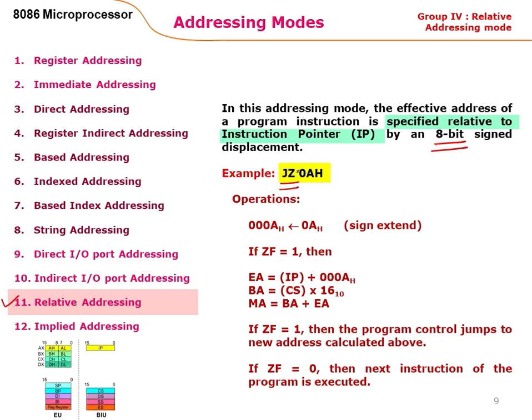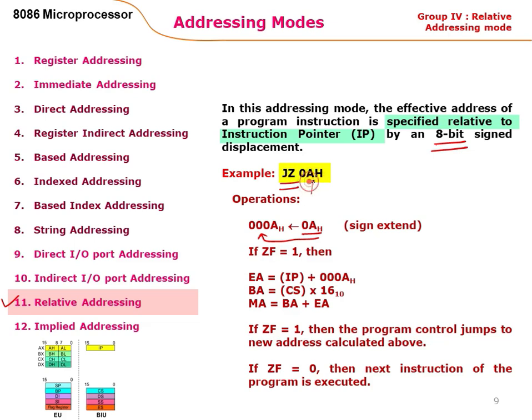JZ 0AH. So 0A is a signed hex number, so that 8-bit number is converted into a 16-bit number, 000AH. This instruction shows jump if zero. If zero is there, then jump to this value.